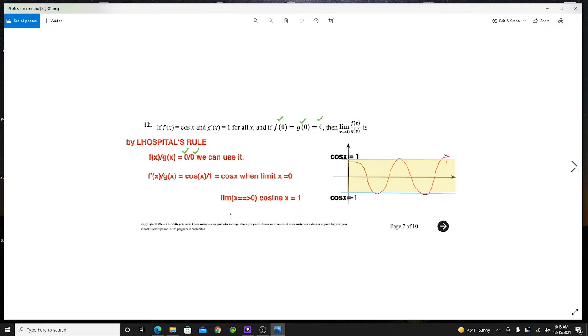Cosine x over 1. When we plug in 0 into those functions, we get 1 over 1, which is 1. So that means the limit of the original functions, the ratio of the functions f of x over g of x, is also 1.